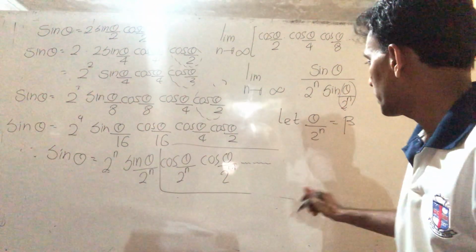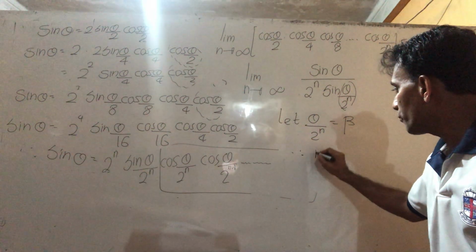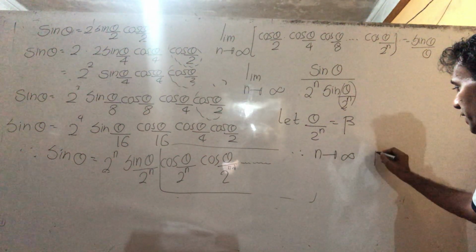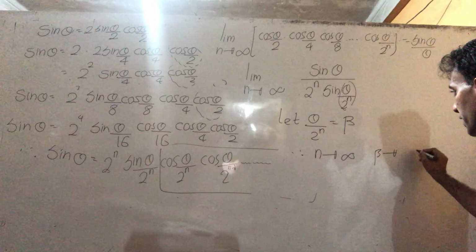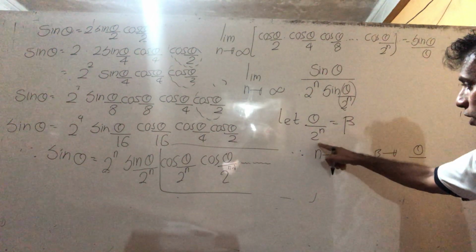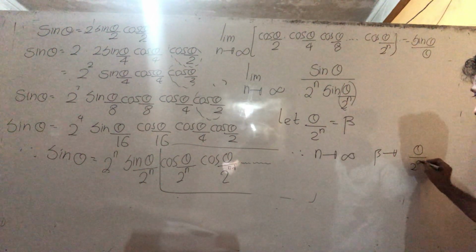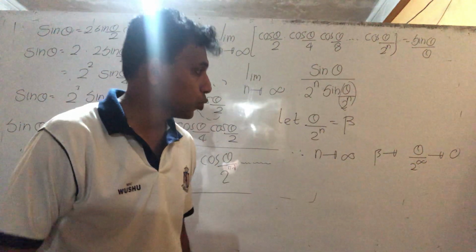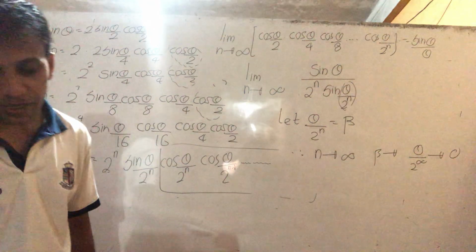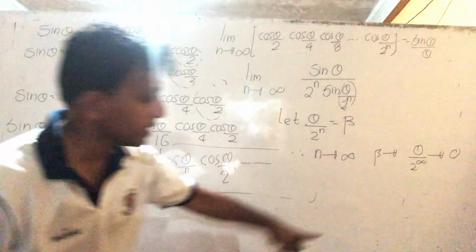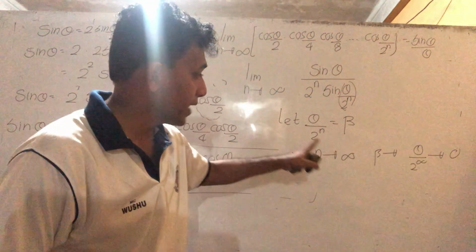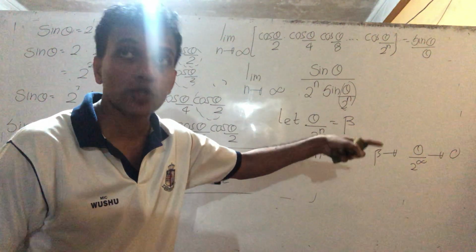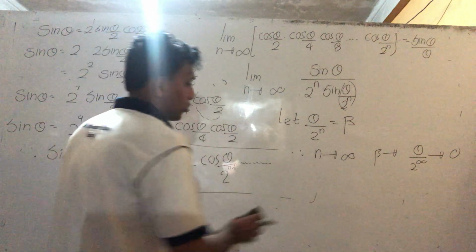First, the limit: if n tends to infinity, what does beta tend to? Theta over 2 to the power infinity is 0. It completely tends to 0.